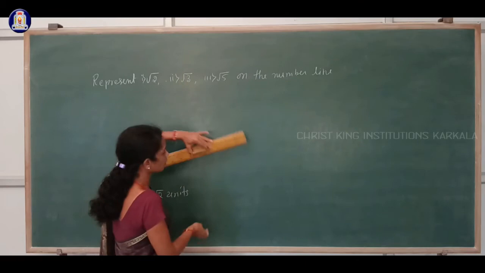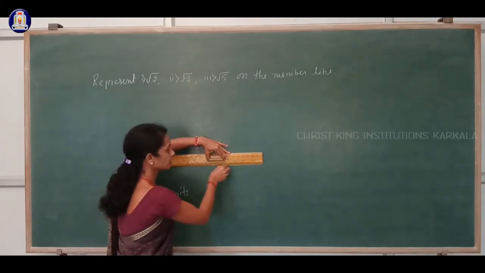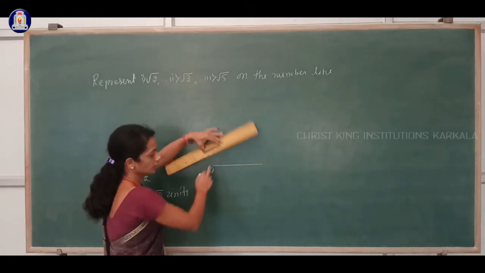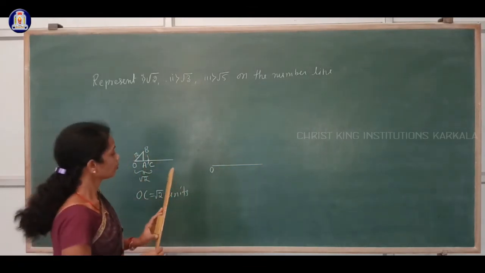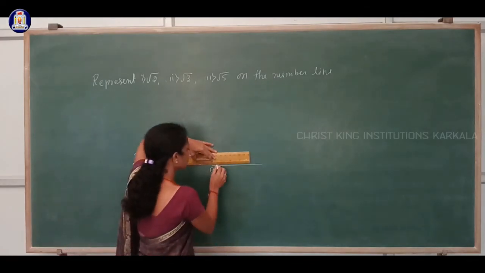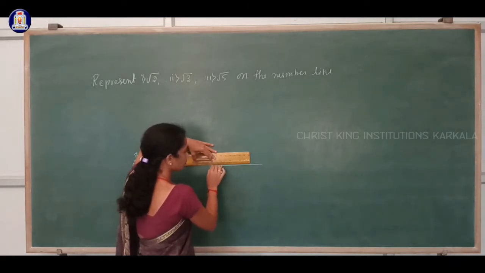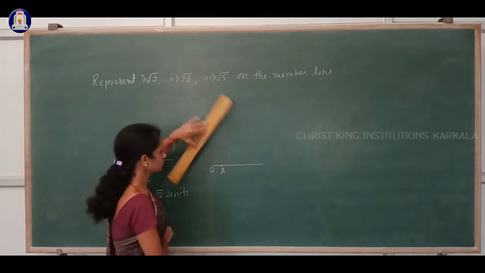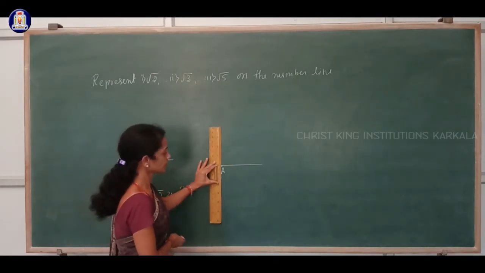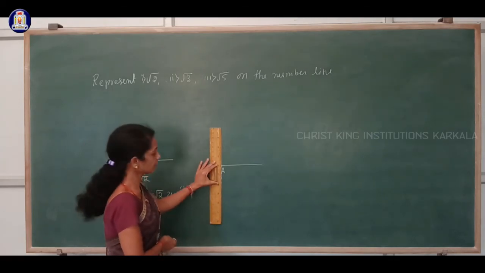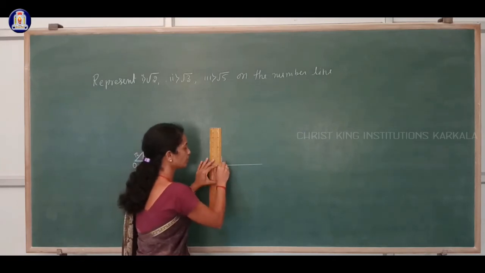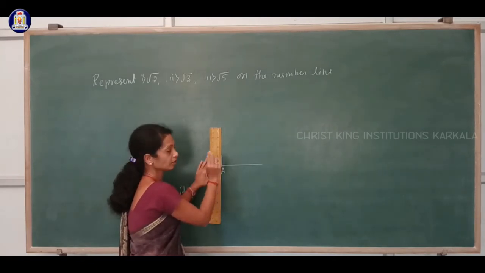Okay, next root 3, that is also the same type but you have to do a little extra here. Draw one horizontal line, take the initial point as O, and from O mark one point at 1 centimeter distance. Take that as A. Next, keep your scale at A exactly vertical, and draw one vertical line of length 1 centimeter.